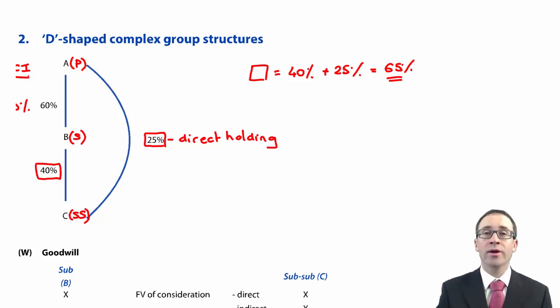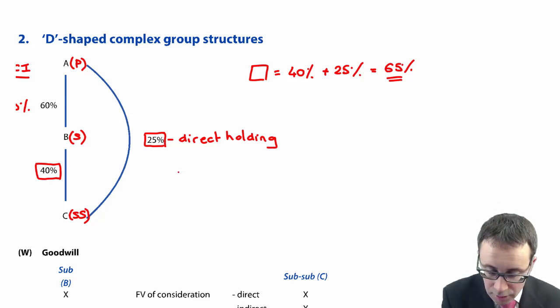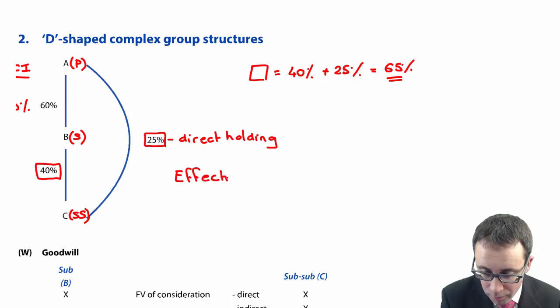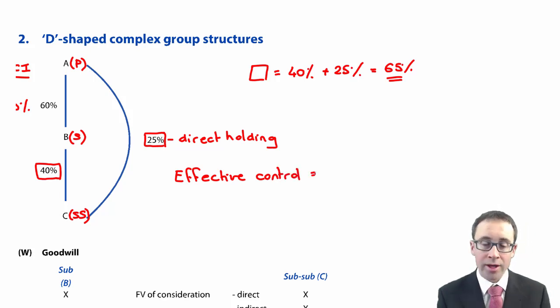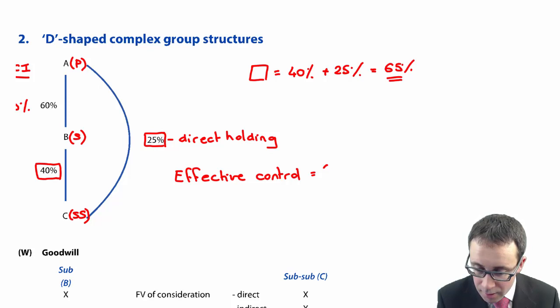But to work out the non-controlling interest in C, we have to think about the effective level of control. So if we're looking at the effective controlling interest, all we do again is multiply down the spine. So 60% of 40.